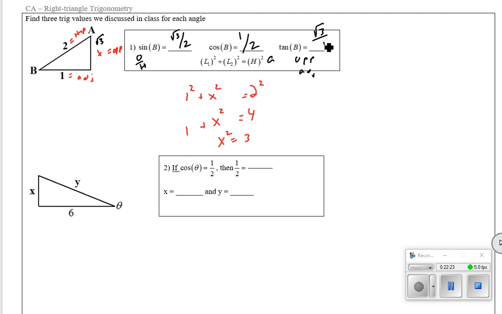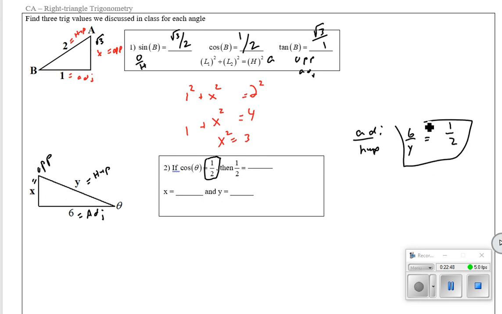The problem tells me that the cosine is 1/2, and the cosine is the adjacent over the hypotenuse. So the adjacent is 6 over the hypotenuse, which is y, equals 1/2. Cross multiplying and solving the equation, you get 12 equals y.